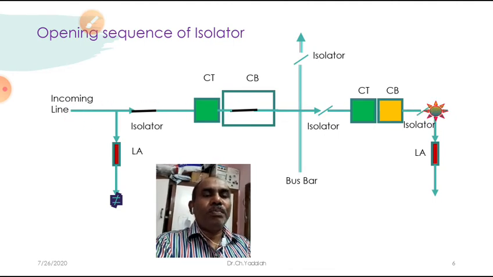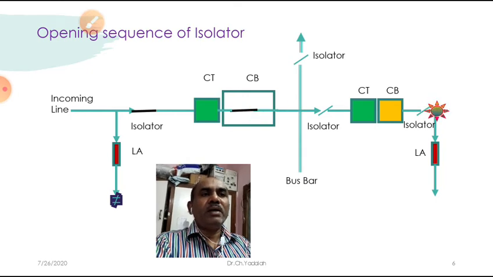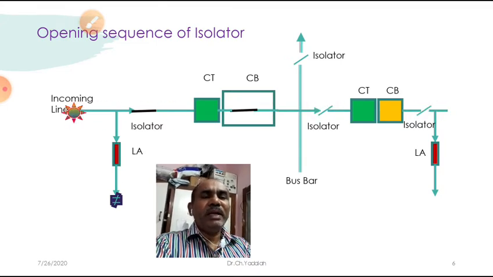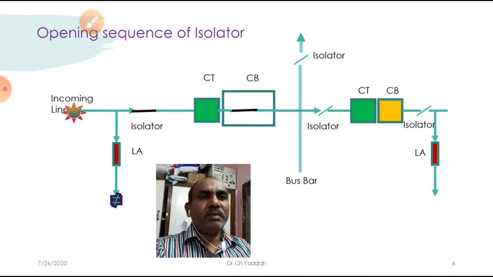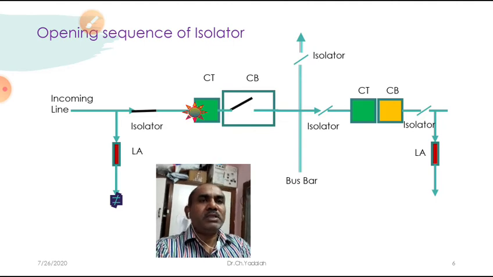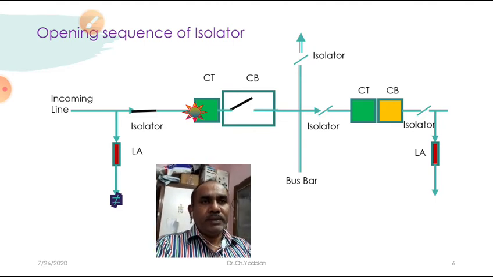Now, I have some minor problem at the CT which is connected near the CB. So, I want some maintenance, then I have to stop the current by forcefully interrupting the circuit breaker. Then the circuit breaker is opened.